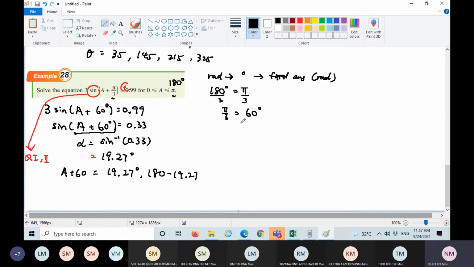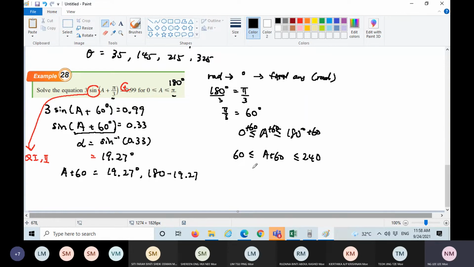Then now I want to write out my new range because I have A plus 60 here. You see the A is in between 0 to 180. Now A plus 60, so here plus 60, here also you need to plus 60. So 0 plus 60 is 60, and 180 plus 60 is 240.